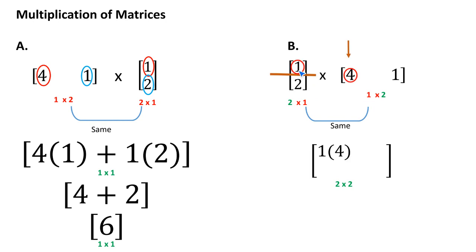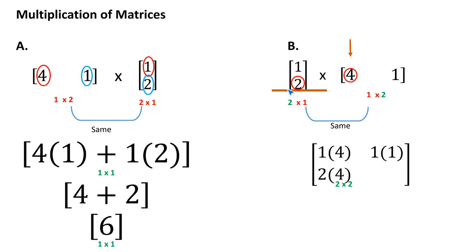So we have our first row times the first column is 4. And then the first row times the second column is 1. And there's no more columns, right? You don't see no more columns. So we're ready to go to the next row. So the next row is 2 times the first column, so 2 times 4.